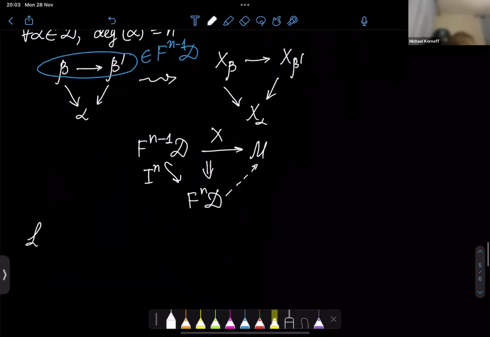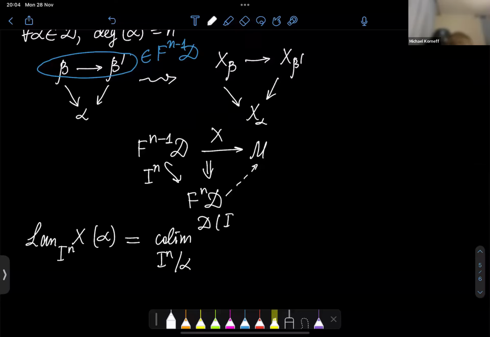We can see that the left Kan extension of x along I on object alpha is just a weighted co-limit over this slice category with the following weight, of x is just the co-limit of the composition.